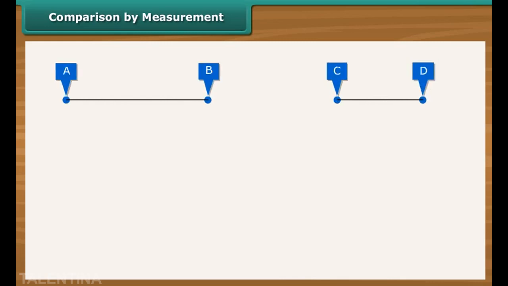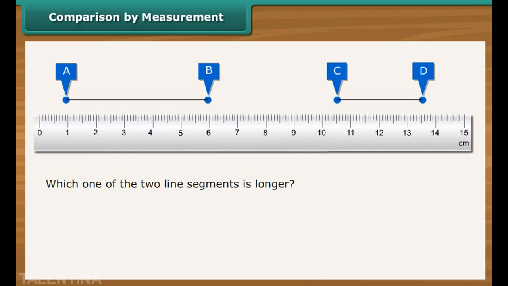Comparison by measurement. Look at the two line segments AB and CD. Which one of the two line segments is longer? Let us measure the two line segments with a ruler and decide which one is longer. On one side of the ruler, the measurements are written in inches and on the other side in centimeters.